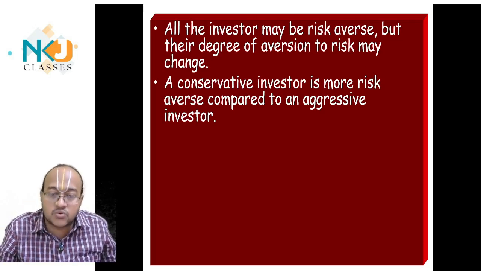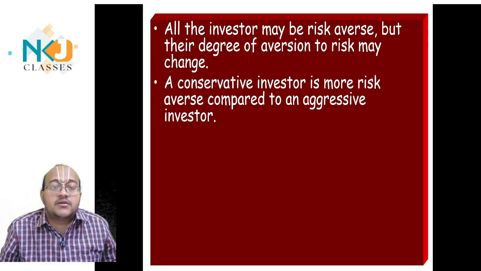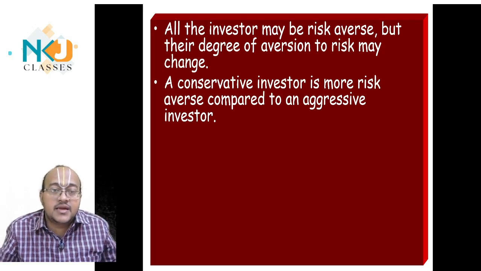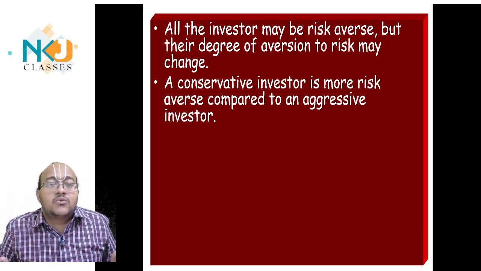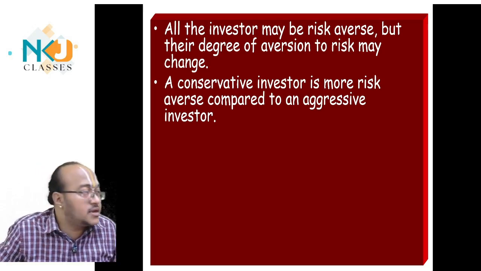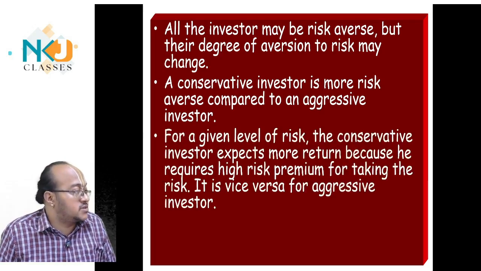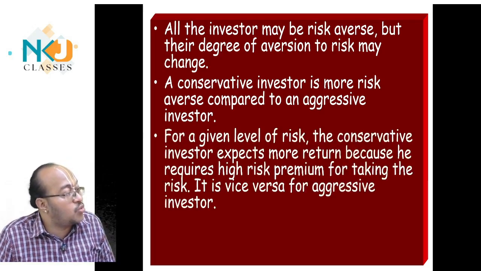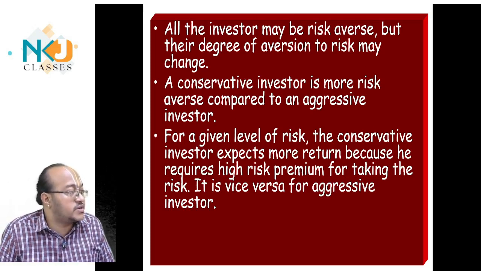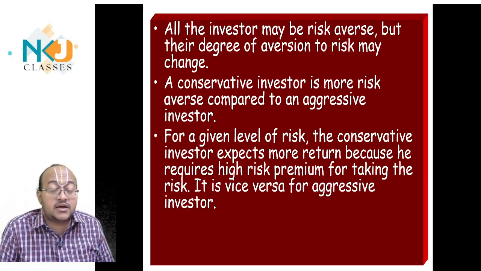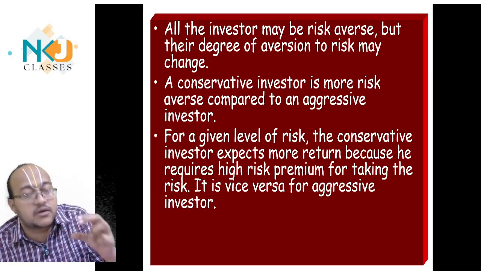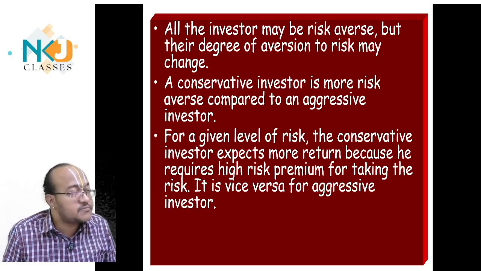Both are risk averse only, but the aversion factor differs, and they will take decisions as per their appetite for risk. For a given level of risk, the conservative investor expects more return because he requires a higher risk premium for taking the risk. It is vice versa for aggressive investors. Aggressive investors will be happy to take risk even for a lower return. Are you understanding? That is the difference.